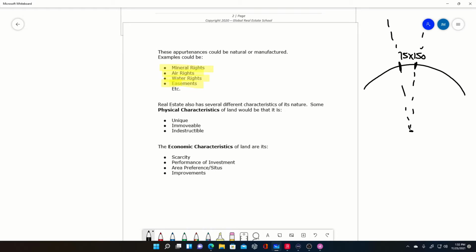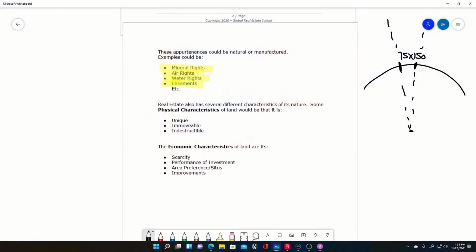One time I used the word heavens, and somebody didn't like it, and I tried to explain that they love to throw different terminology and different words at you, so I'm trying to use different words that you could see in an exam format so it doesn't trip you up, okay? Just want you to be aware of that. So you own to the center of the earth and you own out into infinity, okay?